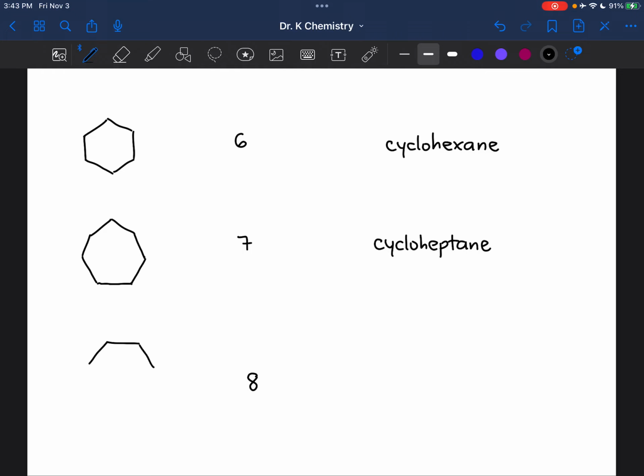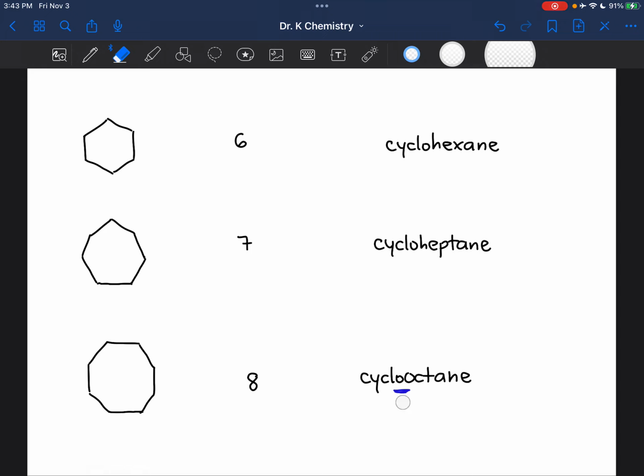And cyclooctane kind of looks like a stop sign. So draw your best version of a stop sign, just don't write stop in it. And that is cyclooctane. Note one distinct difference between the organic and inorganic naming system is that here we don't drop that first vowel. So we just call it cyclooctane with both of those O's in there.